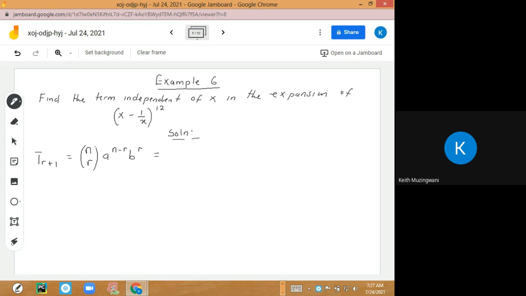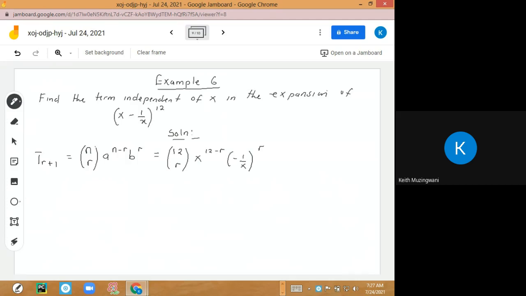N is always the power. So you have 12 there. You don't know what R is. A is x to the power 12 minus R. B is negative 1 over x to the power R.